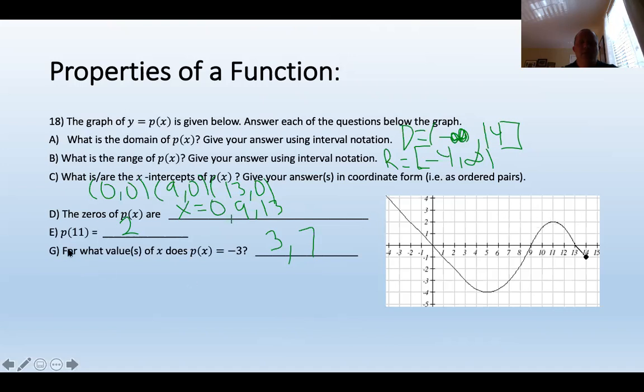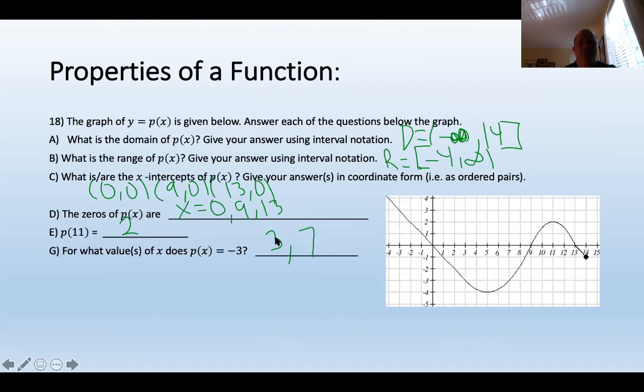G states, for what values of x does p of x equal -3? If you go to -3 on the y-axis, you see that when the y coordinate is -3, the graph is here, and that particular x coordinate is 3.